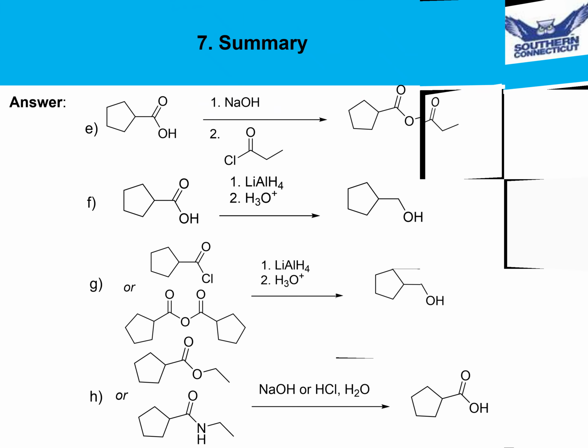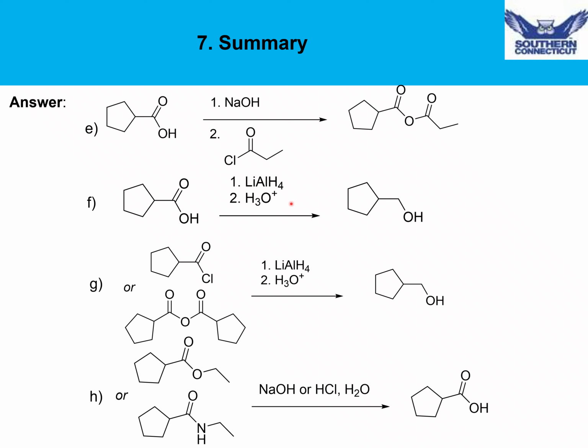If we add sodium hydroxide to a carboxylic acid, it should deprotonate it, making it a better nucleophile, which should then attack the carbon with the halogen leaving group to make an anhydride. If we add lithium aluminum hydride to a carboxylic acid, we should get a primary alcohol.